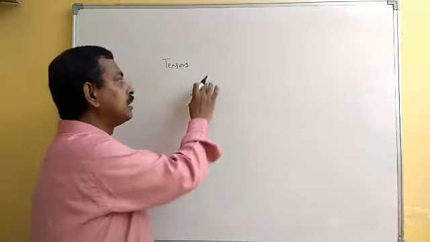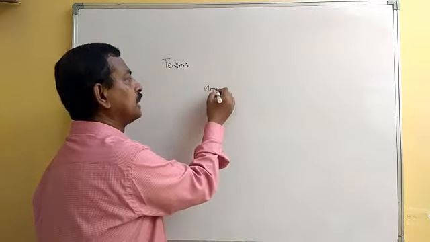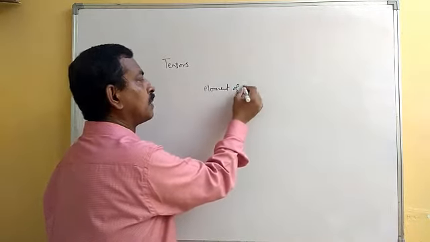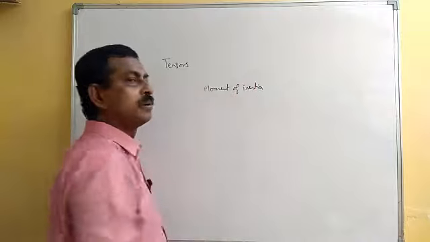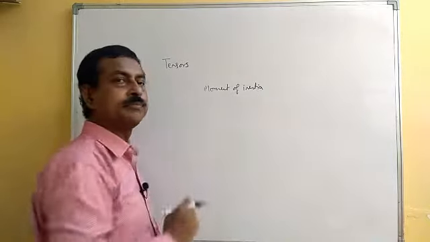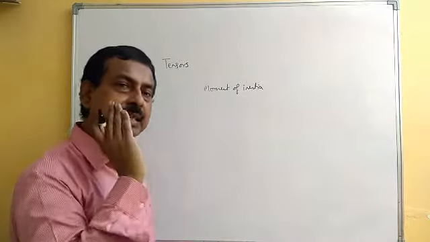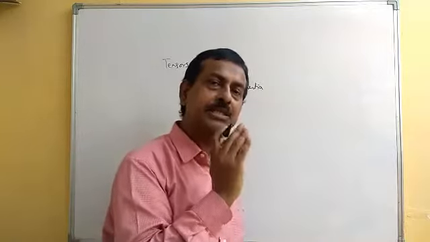Like here, moment of inertia, if you take, this is a tensor quantity because in different directions its value will be different.